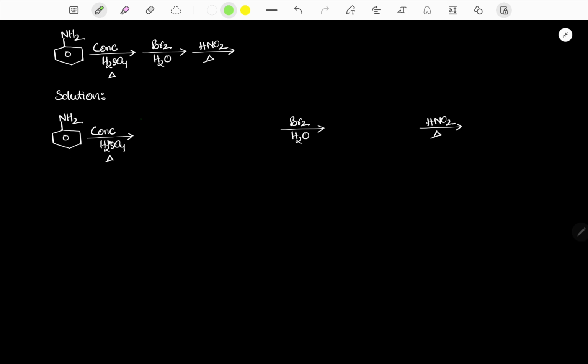Aniline, or benzenamine, is treated with concentrated sulfuric acid. So it is a base and this is an acid. Initially, an acid-base reaction takes place. It forms the corresponding NH3 plus and HSO4 minus, which on heating loses H2O and forms the corresponding product NHSO3H, which on further heating finally converts into NH2 with SO3H at the para position.